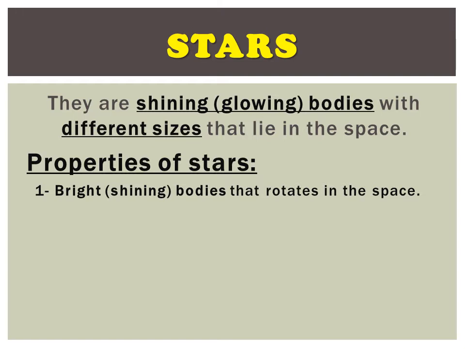This is called rotation, or rotates. So the stars are rotating in the space. They are bright, like the lamp. When you turn on the lamp in the class or in your home, it will be bright, it will be shining. And you know what is meant by shiny, from metals and non-metals. So stars are shiny or bright bodies that rotate in the space.